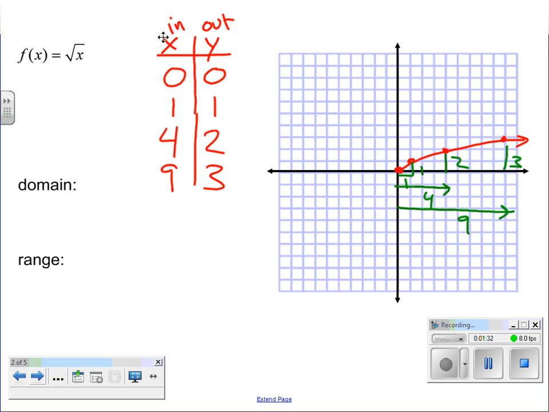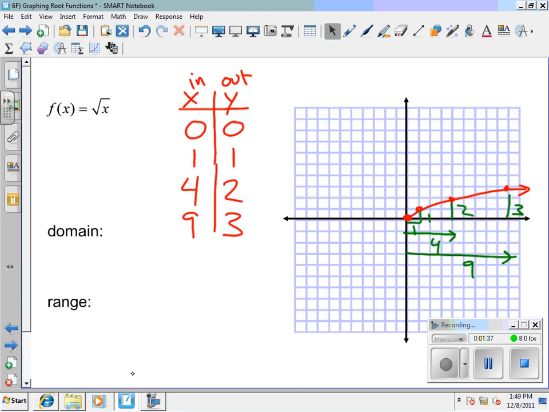So talking about domain and range, well, where does the graph exist? Well, let's shade in the area we want. Notice the graph is only in the first quadrant, okay? So it's this area over here. And what domains exist? Well, x values that are greater than or equal to 0.